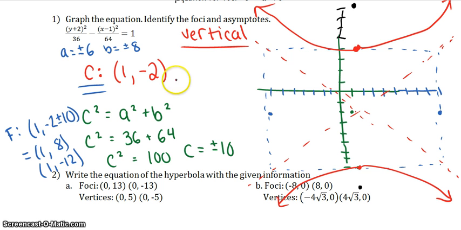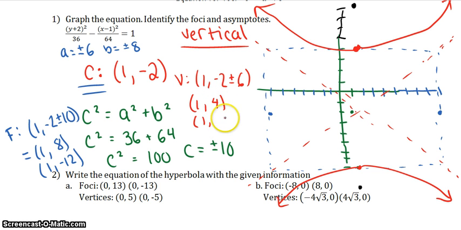Our vertices are 1, and -2 plus or minus 6. So (1, -2 plus 6) gives us 4, and (1, -2 minus 6) gives us -8.